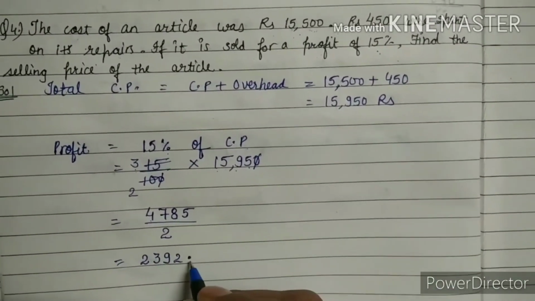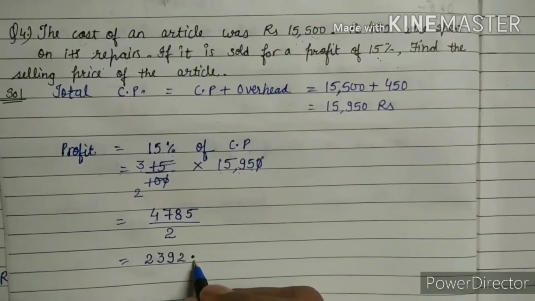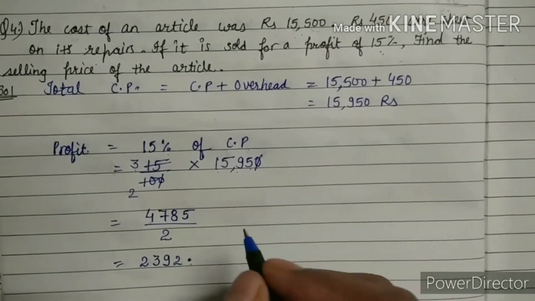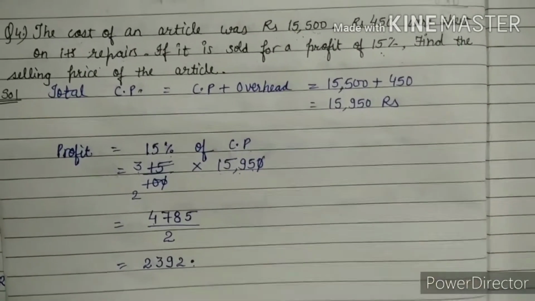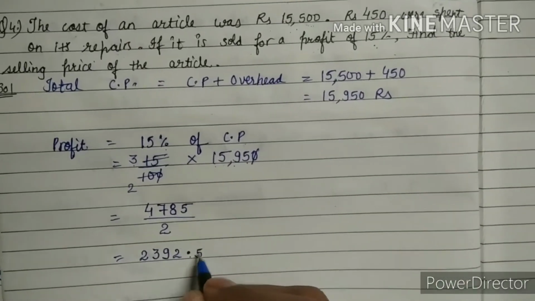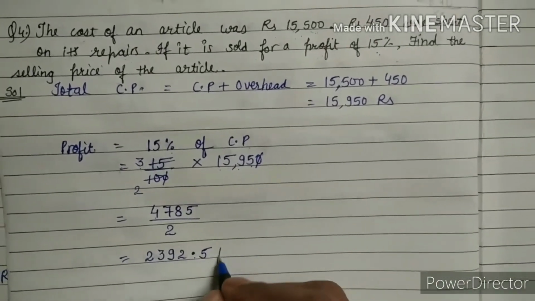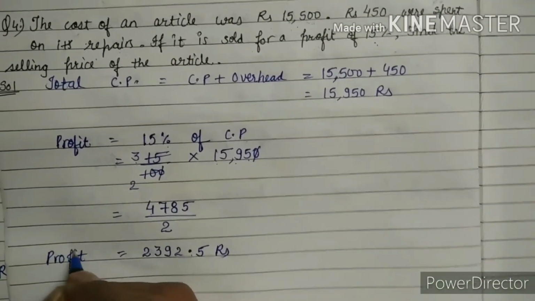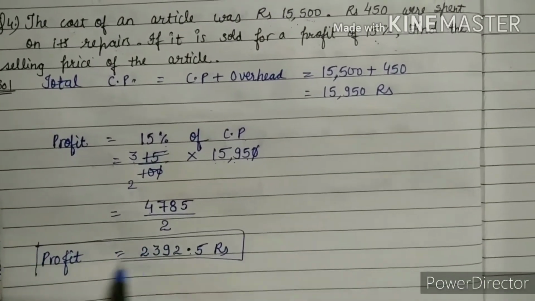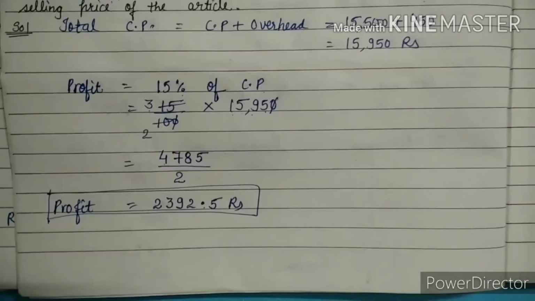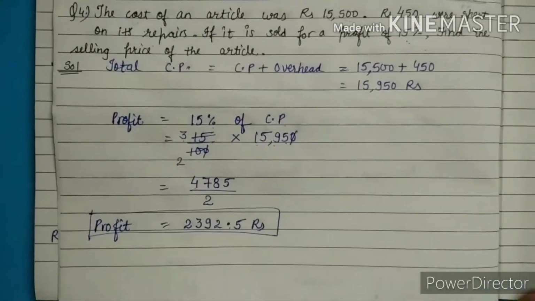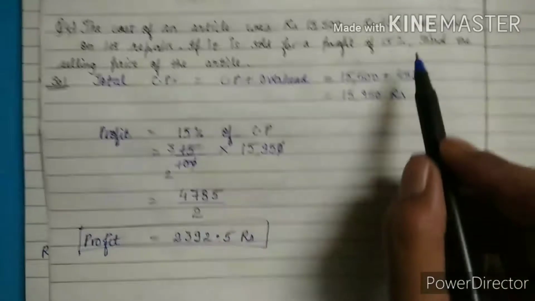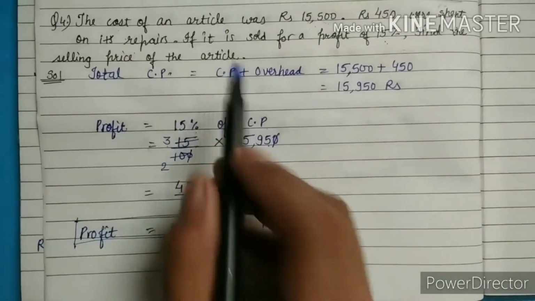Extra 0 is there, that's why here I am putting decimal, and after putting extra 0, 1 will become 10 and 10 will come 5 times, so we will get profit in rupees 2392.5 rupees.